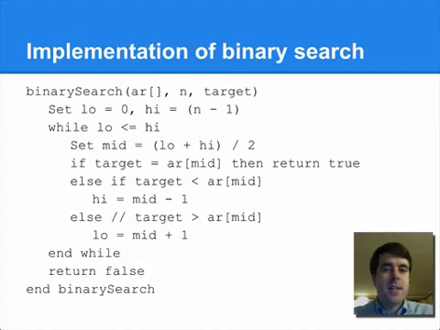And if that's not true, if target is greater than the midpoint, then we'll do the opposite. Instead of taking high and moving it to the left, we're going to take low and move it to the right. In this case, we're going to set it equal to mid plus 1. Again, we're not including mid in the value of low because we don't need to look at mid anymore.